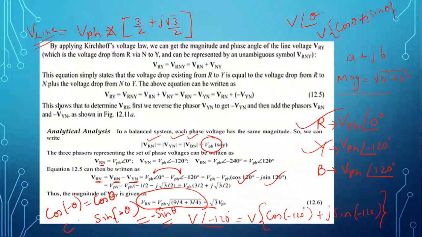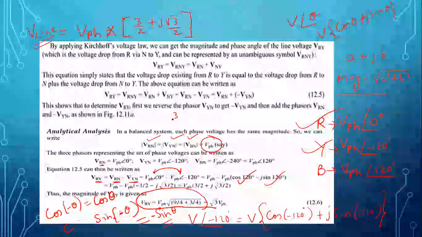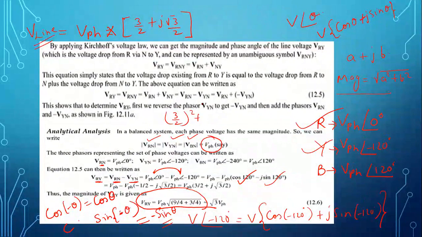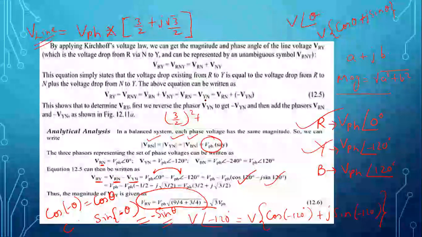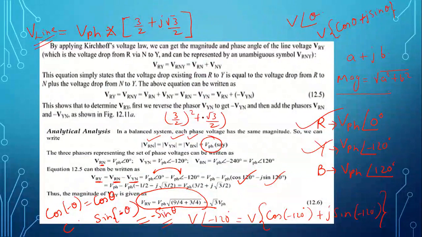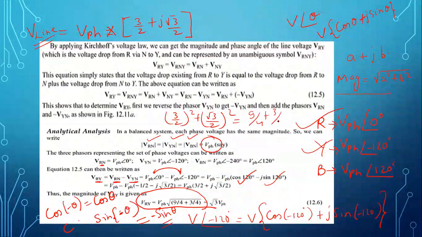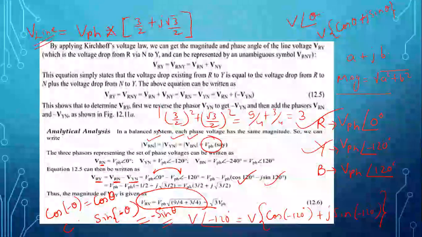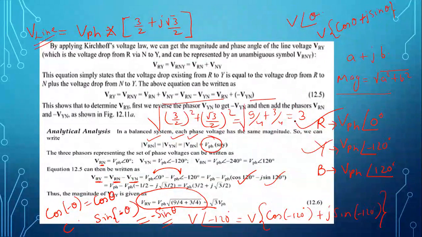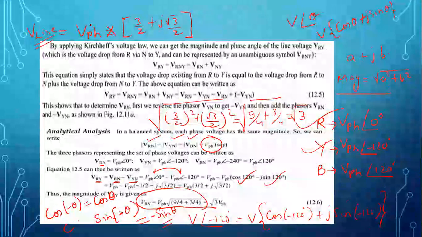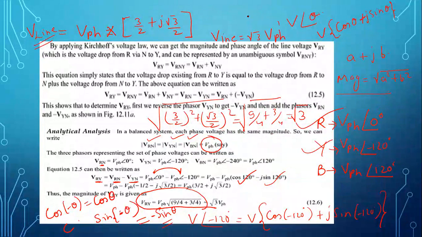So when I do this, 3 by 2 whole square plus root 3 by 2 whole square, that is 9 by 4 plus 3 by 4, 12 by 4 or 3. We have to take the root of this, so finally you are getting root 3 here. So what I can write is that V line is nothing but root 3 times VPH.